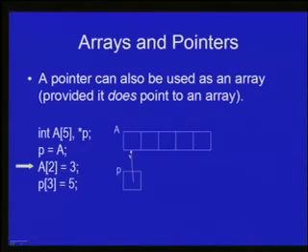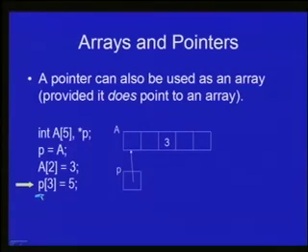Now when a[2] is assigned 3, that's familiar to us. The second element of array A will get the value 3. But what is interesting is that we could use the variable p as if it is an array, and that is because it is pointing to an array element.